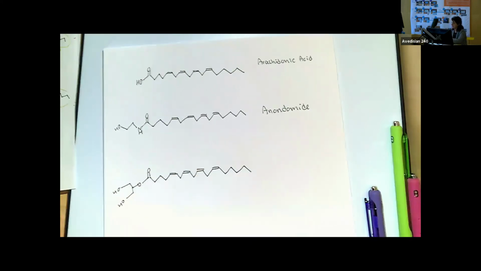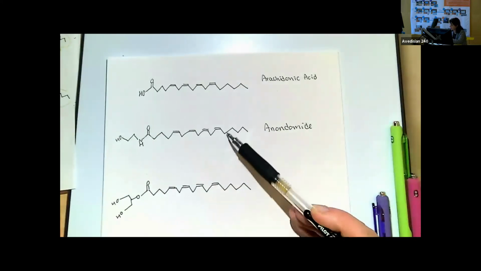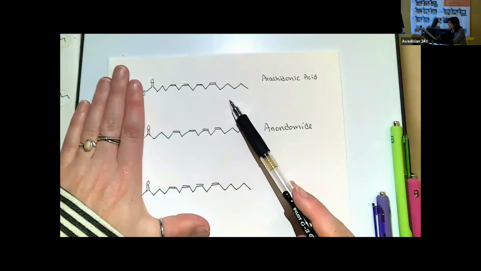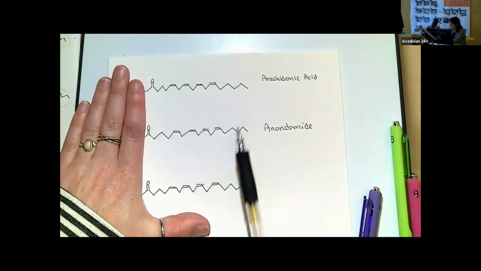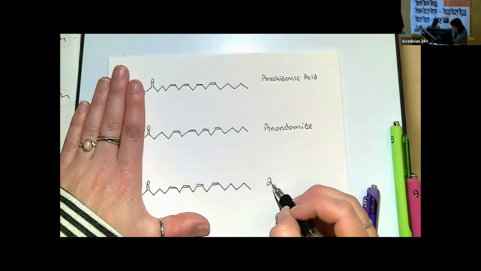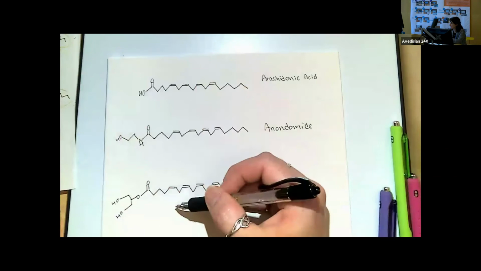Okay, so just visually looking at these three, we can tell that they look extremely similar from this part over. These molecules are the same if we're only looking at the right side of the molecule. But what's different is this part of the molecule.